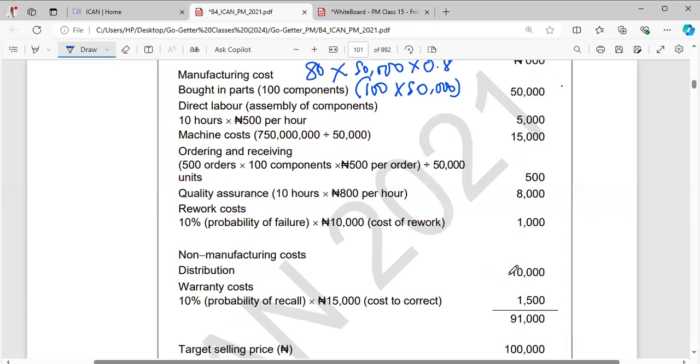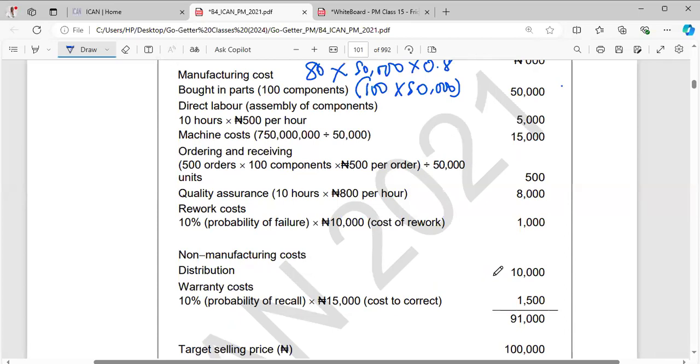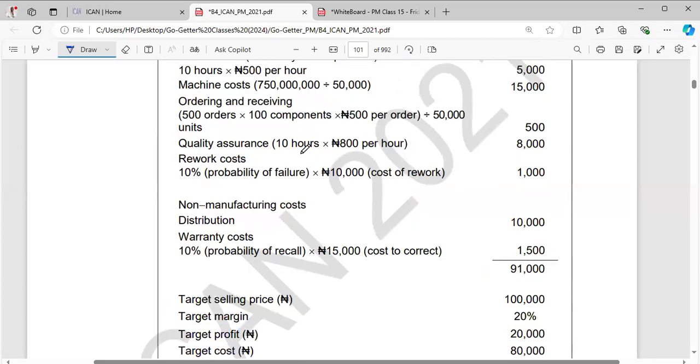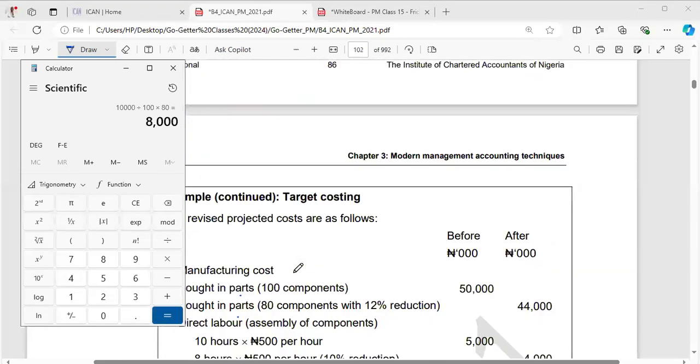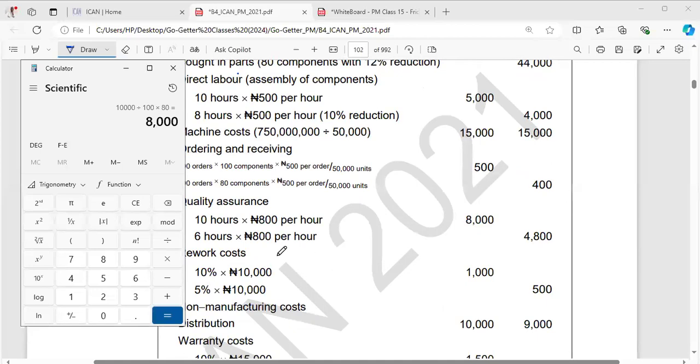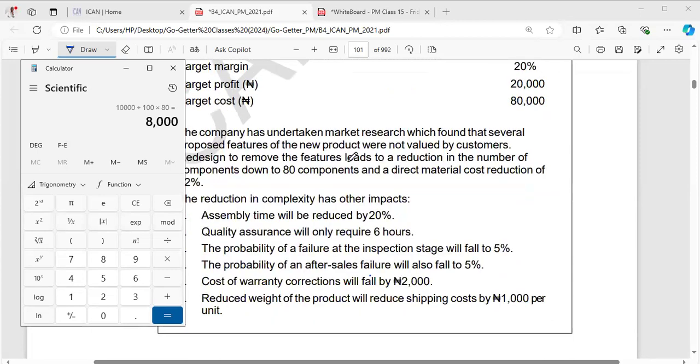Okay, 10,000 naira. So that would be on 100. Let's try something. If this is 10,000, let's divide it by 100 components. Now multiply by 80 components. Let's see if we get 8,000. No, that is not it. Let's see how it was achieved.